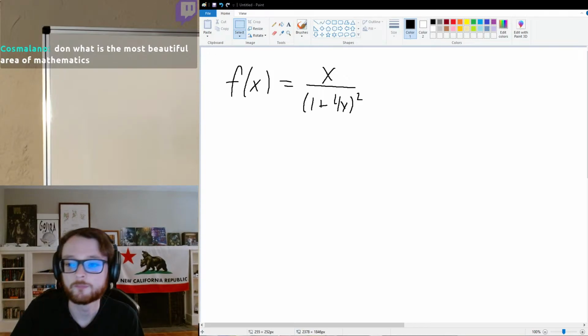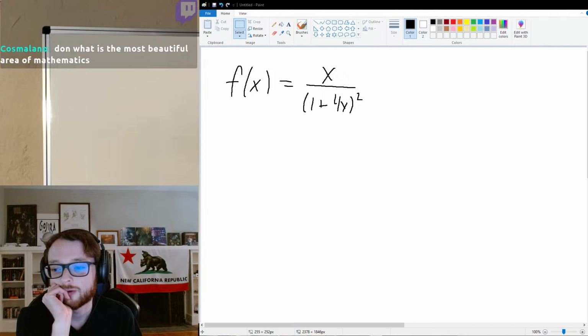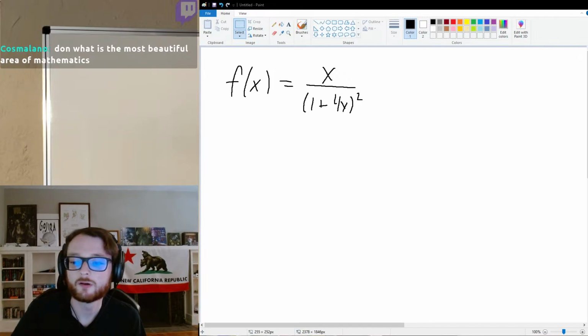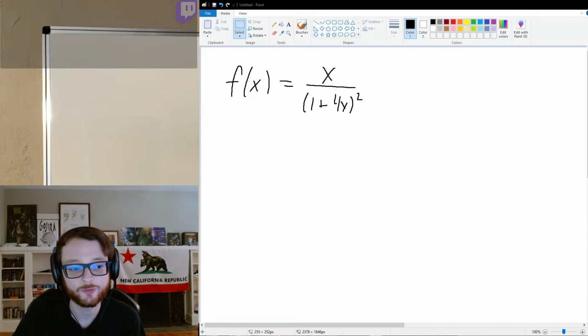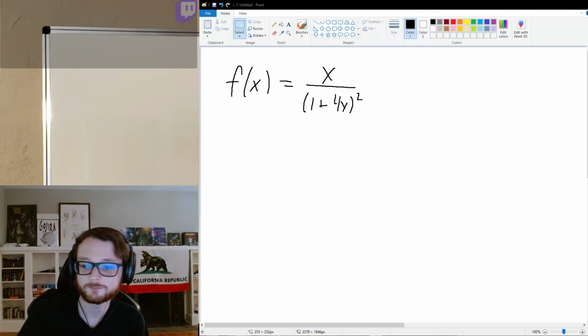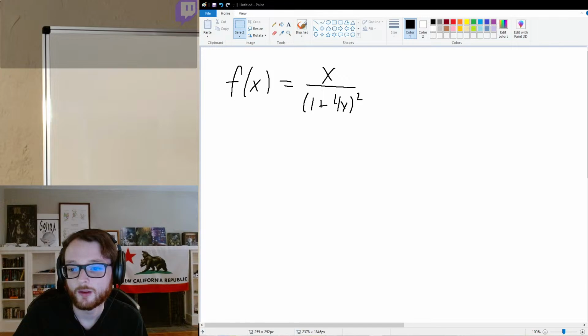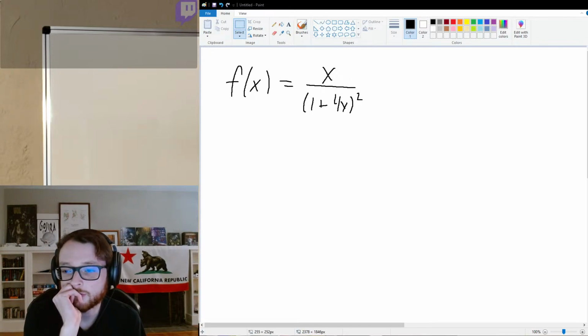Let's like this one. Ooh. I mean, I'm gonna say the caveat that beauty is subjective. So I would say, I guess, differential equations. Other people could very validly disagree with me, but yeah, that's my answer.